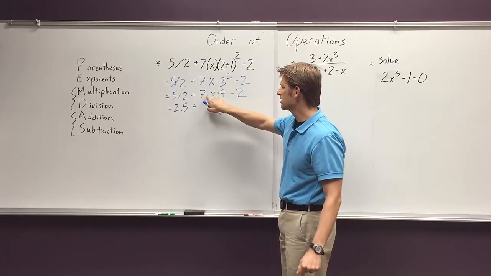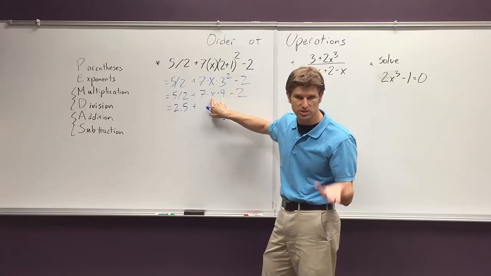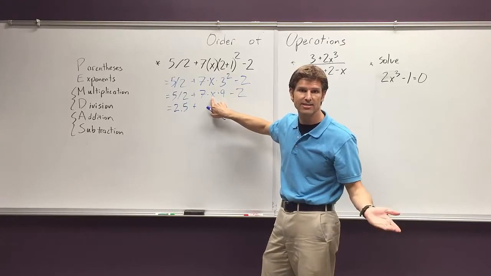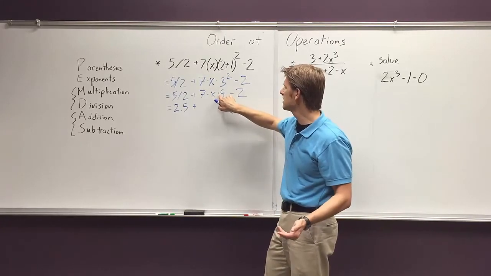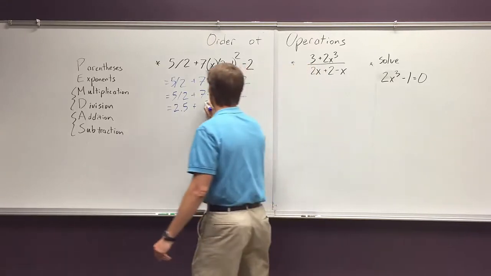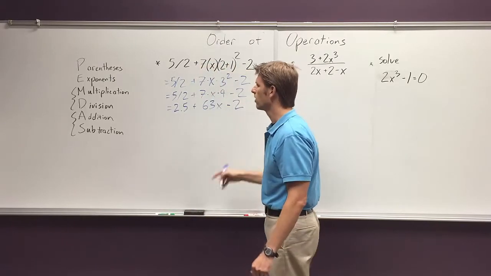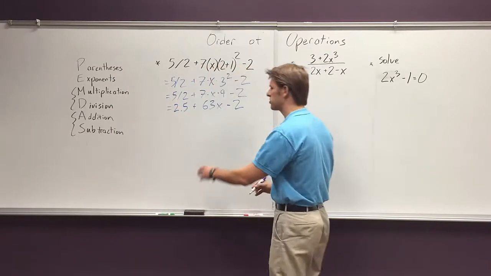What do we do here? I do 7 times x. Well, since x is an unknown, we just say 7x, 7 x's, times 9. Okay, 7 x's times 9, you could write as 63 x's minus 2. Okay, so we've used up the multiplication and division.